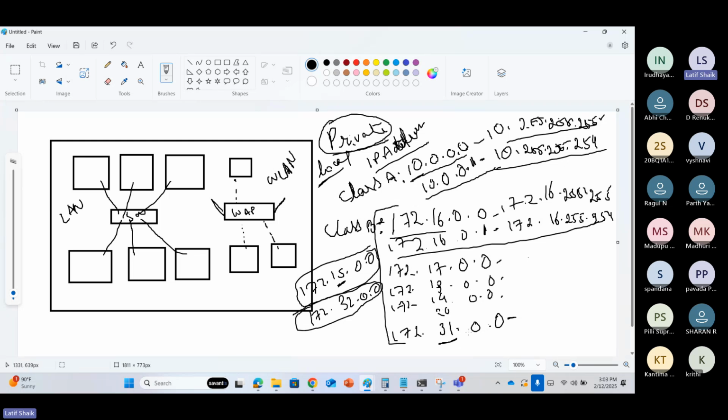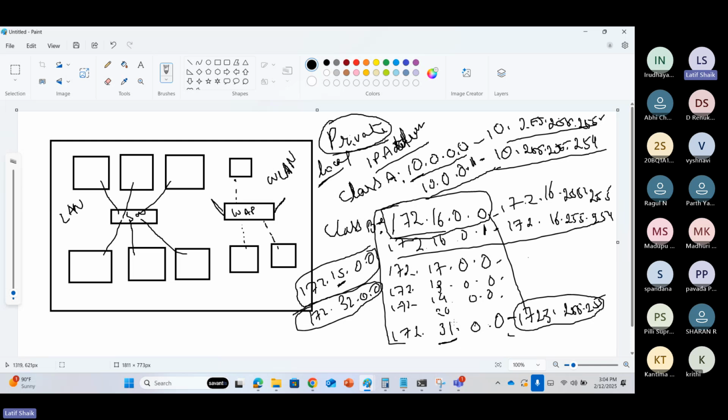The entire range starts at 172.16.0.0 to 172.31.255.255. From here to here, everything in between is private IP address.